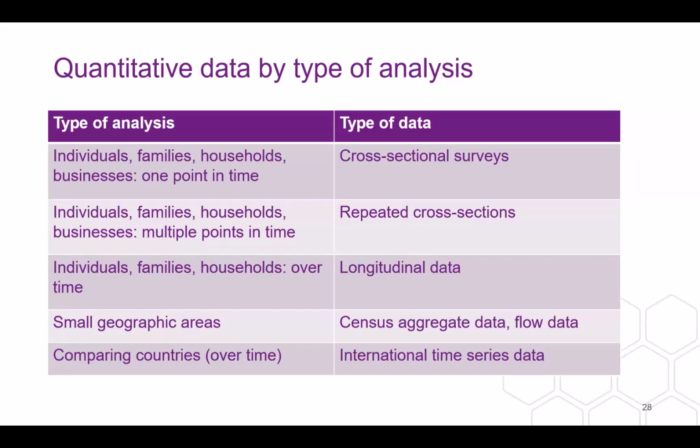If you want to look at individuals at one particular point in time, you would use a cross-sectional survey. Maybe if you want to look at particular moods around an election, something that occurred in a particular year. If you want to look at multiple points in time, you'd use a repeated cross-sectional survey. Or if you wanted to follow the same groups of people over time, you may be interested in longitudinal data.